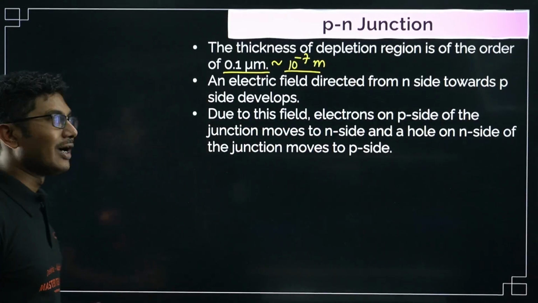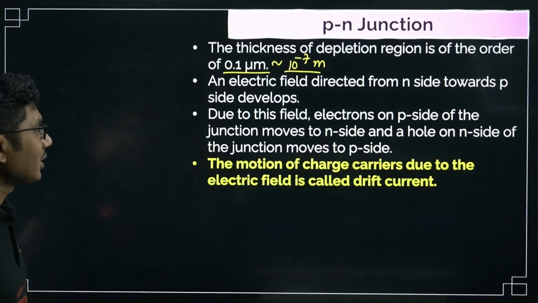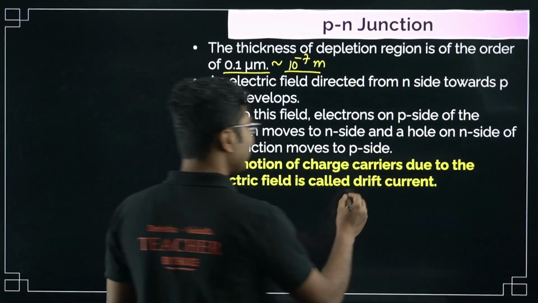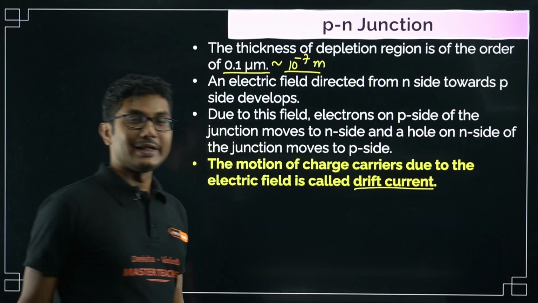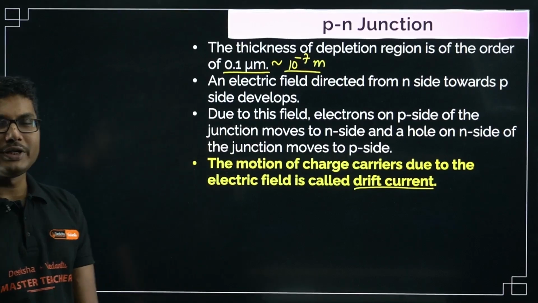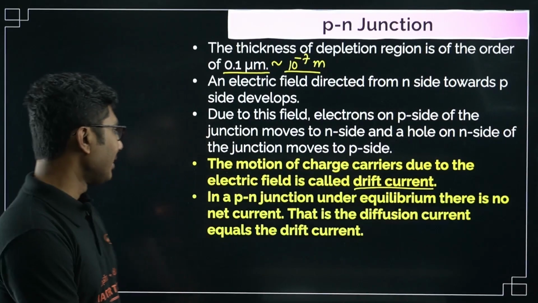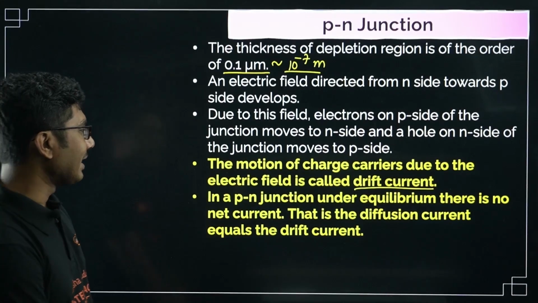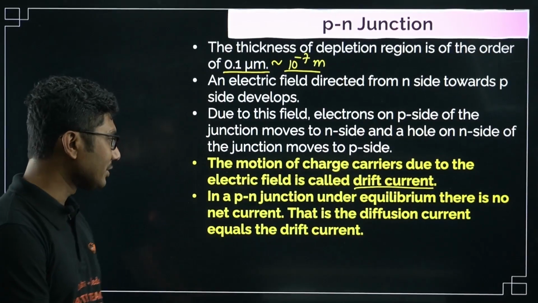So they try to convince each other. The motion of charge carriers due to the electric field is called drift current. We know that drift means electrons or holes moving due to an electric field. In a PN junction under equilibrium there is no net current, that is, the diffusion current equals the drift current.